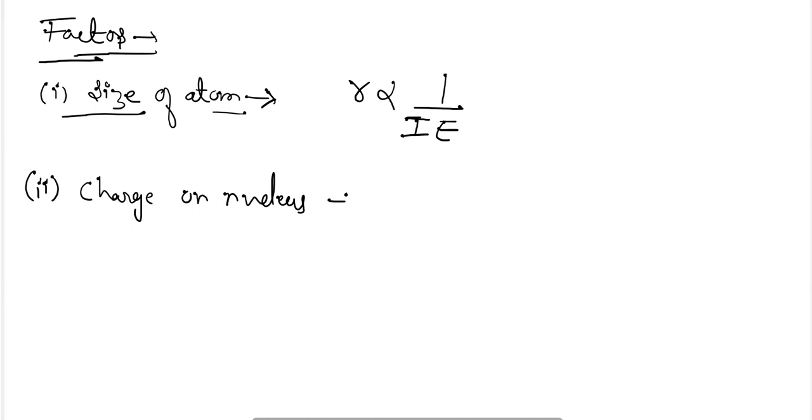Charge on nucleus. The attractive force between the nucleus and the electron increases with the increase in the nuclear charge. This is because the force of attraction is directly proportional to the product of the charge on the nucleus and the electron.